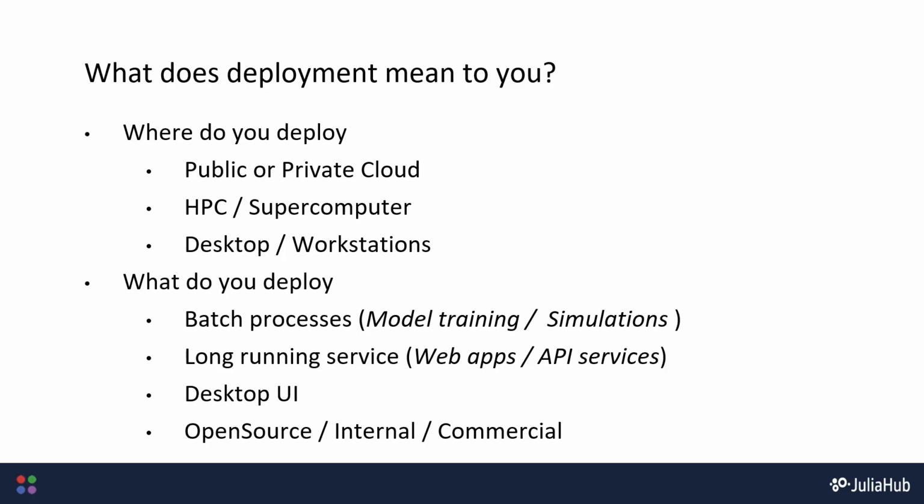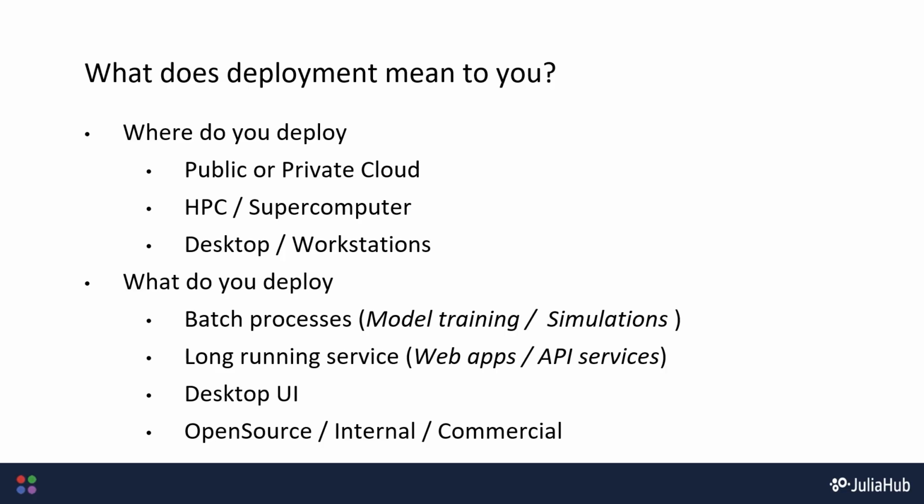The first thing I wanted to mention is that when we say deploying Julia, it means different things to different people. You could be deploying to local clusters. You could be deploying to AWS. You could be deploying to your colleagues' workstations. You could be deploying batch processes that are run on demand, where somebody runs a simulation that takes an hour or 6 hours or 2 days.